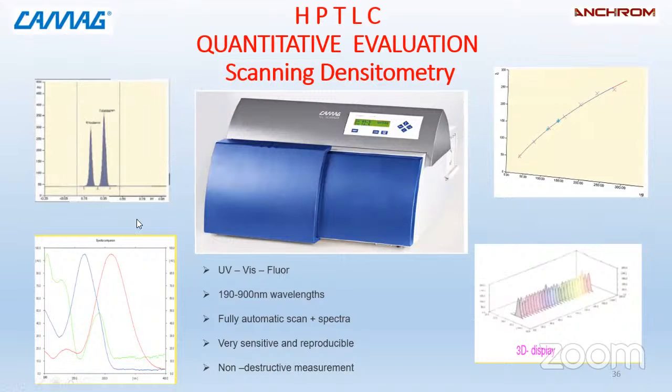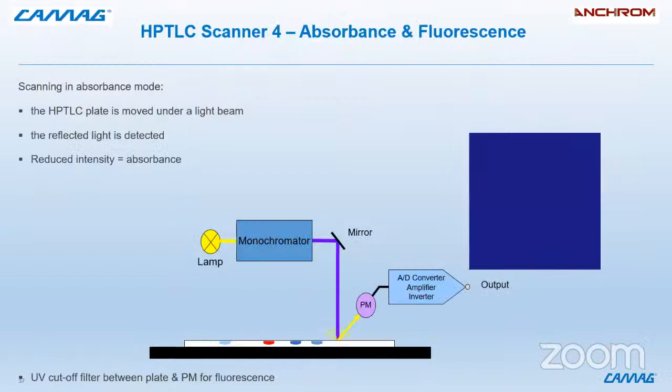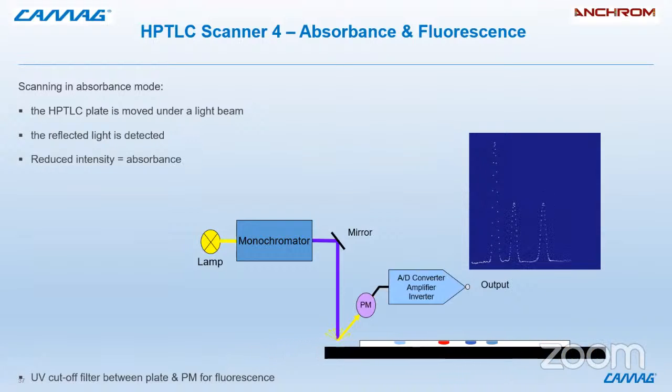This is the chromatogram. These are the images for spectra. This is the calibration graph, and this is the 3D chromatogram, by which you get an idea about your samples and standards. Now, what happens in the scanner is a beam of monochromatic light moves along individual tracks of the plate, and the amount of light which is coming back from the plate to the detector is measured by a photomultiplier tube.